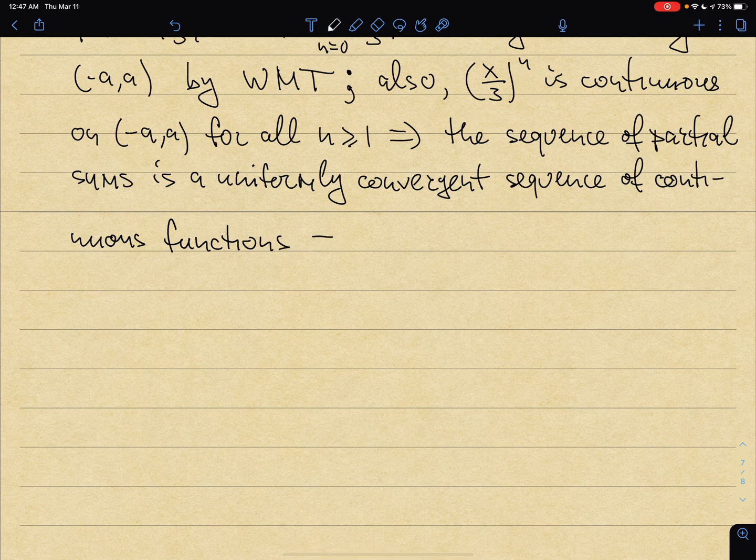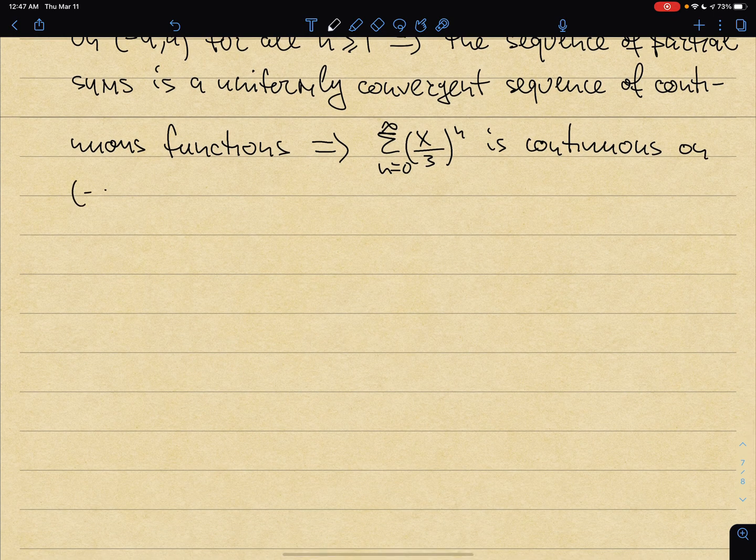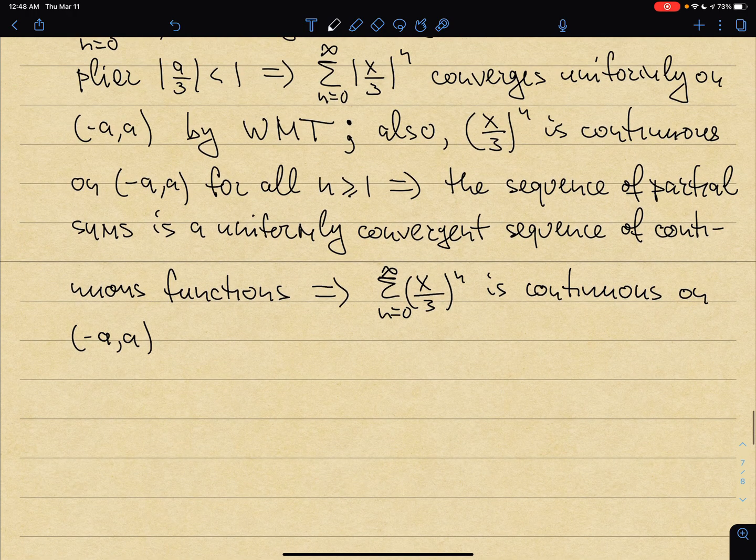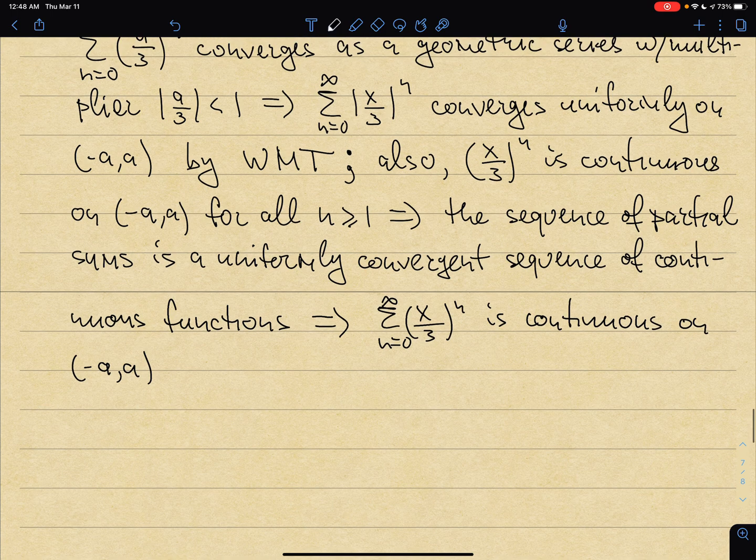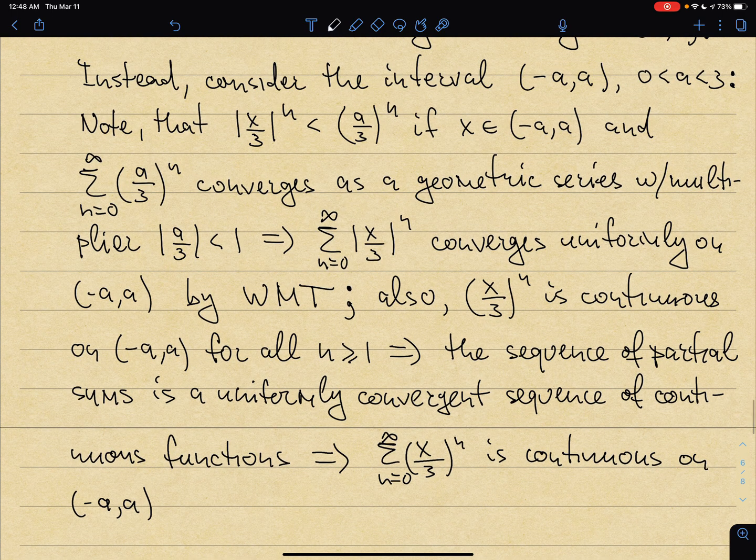Therefore, we can conclude that the sum of the series of x over 3 to the n is continuous on minus a to a, right? Not only is it continuous on minus a to a, but also I selected a in this case randomly.